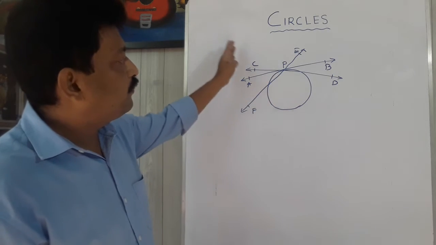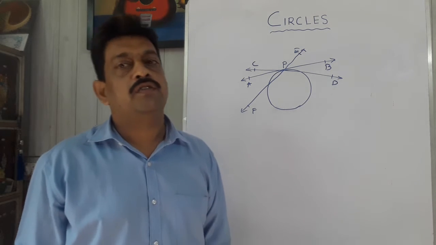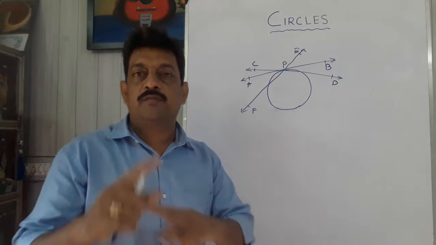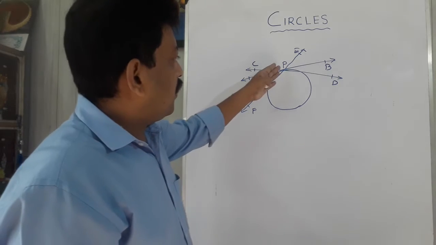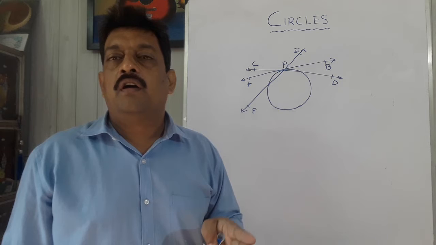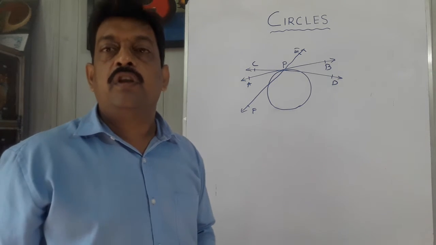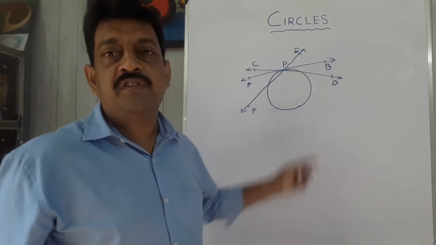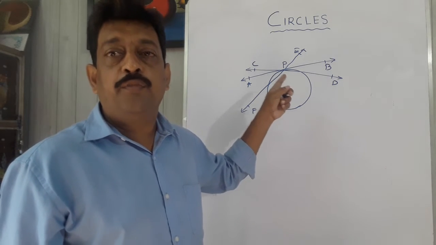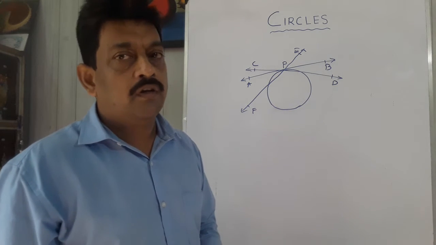Therefore, if we try to draw another tangent through P, it is not possible, because whenever we try to draw another tangent, it will intersect the circle at 2 points. In that case, a tangent will not be formed. Therefore, the first property says that through a given point on the circle, only one tangent can be drawn. Got it?